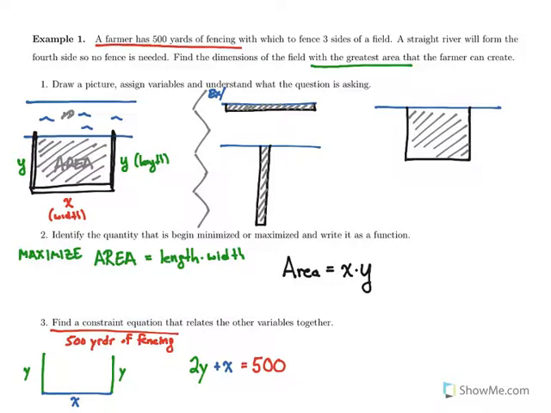In fact, it's going to be less than or equal to 500, but I think we can agree that if we want to find the biggest area possible, then we should probably use all of our fencing. If we have anything left over, then we could have created something a little bit bigger. So we want it to be equal to 500. And this is our constraint equation.